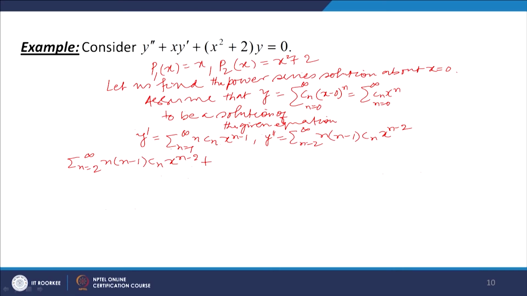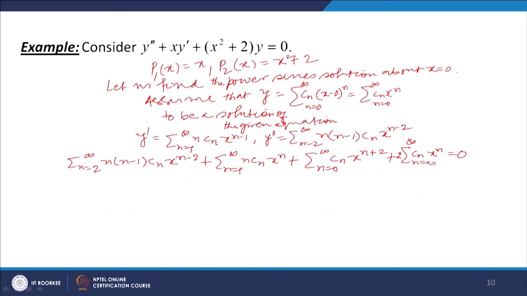Then x into y dash: we multiply x to y dash and we get sigma n equal to 1 to infinity n Cn x to the power n. And then we multiply x square to y. When you multiply x square to y, we get sigma n equal to 0 to infinity Cn x to the power n plus 2, and then we multiply 2 to y. So, sigma n equal to 0 to infinity 2 times Cn x to the power n, equal to 0.